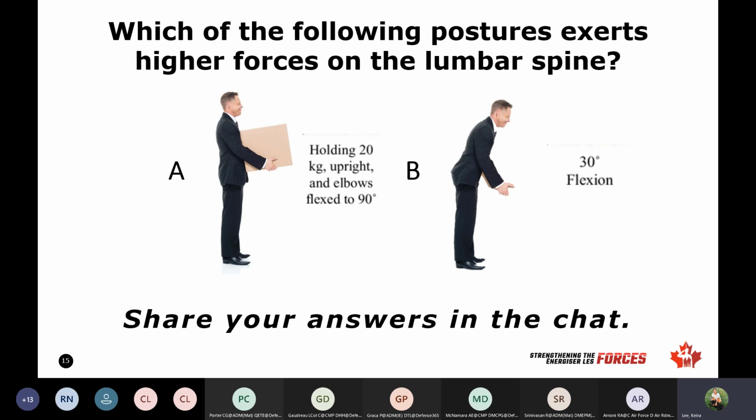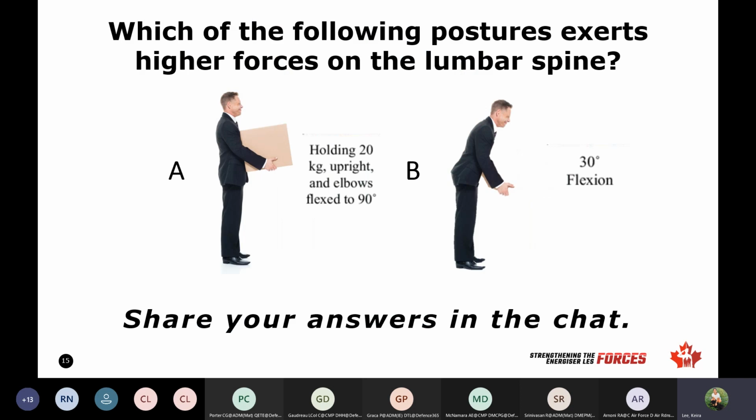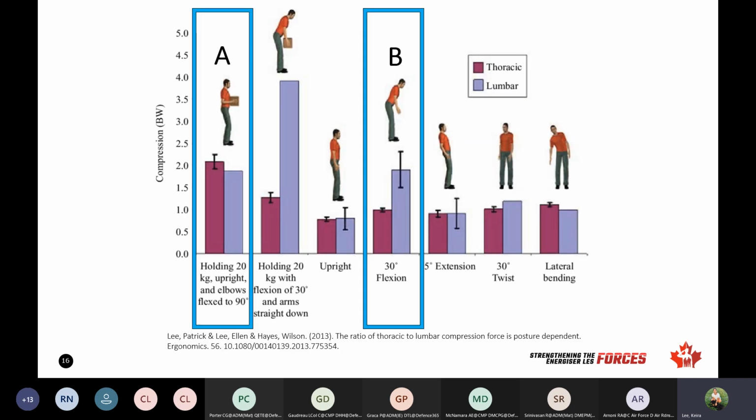The answer is that these two postures are almost exactly the same in terms of how much compression forces they're exerting. Okay, so I understand that we just went from our simple photo to a graph with a bunch of words and colors, but orient yourselves to these blue boxes. Those are the positions that were asked in the question.